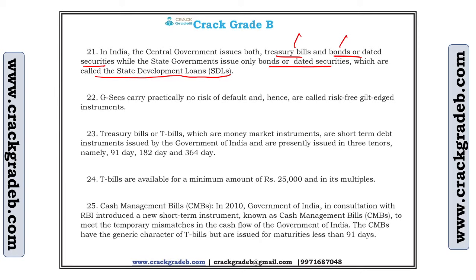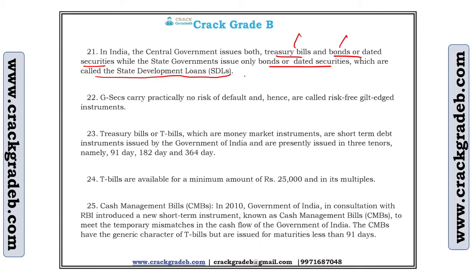Let's say the government wants money for a short period of time, then treasury bill is the option. But let's say the government wants money for 10 years, then a treasury bill doesn't work, right? Then the government has to go for a bond. Okay, and state governments do not have any arrangement like treasury bills. They have to go to bonds, which are known as state development loans.